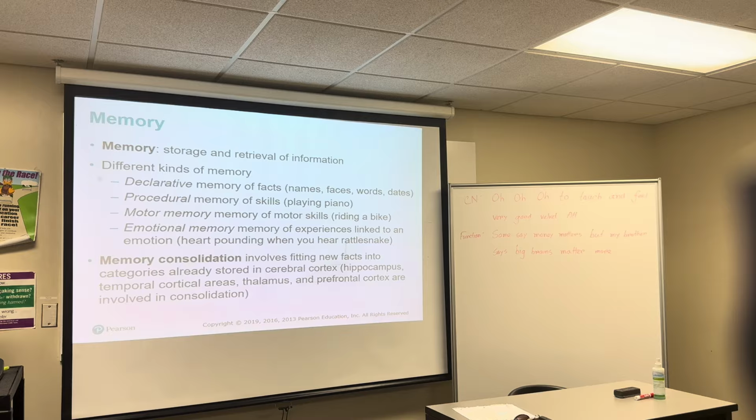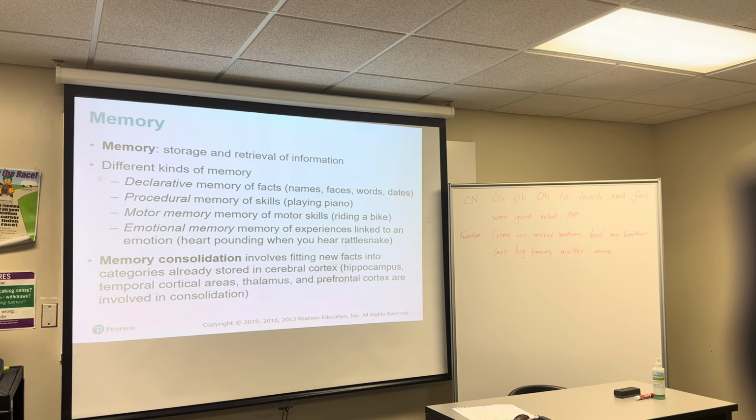Emotional memory is an experience linked to an emotion, like your heart pounding when you hear a rattlesnake, or someone chasing you, or anything that can evoke a lot of emotional responses. You are going to remember it.